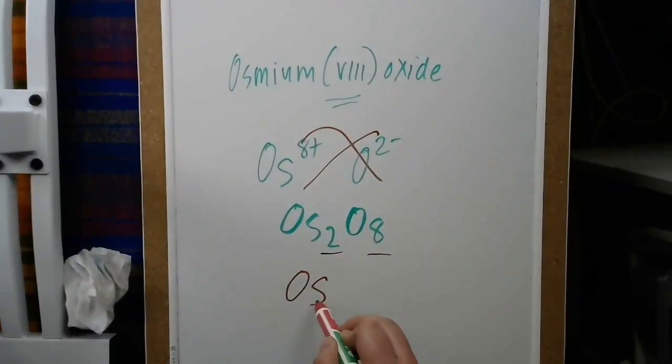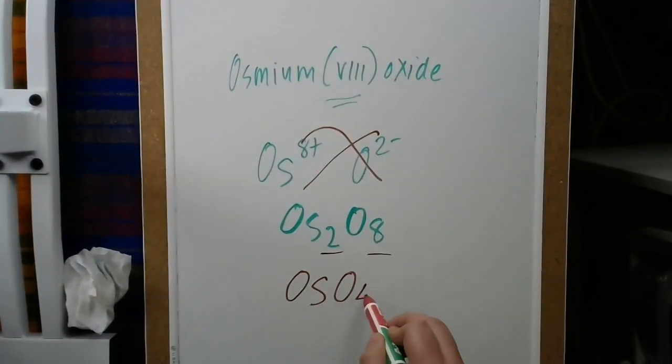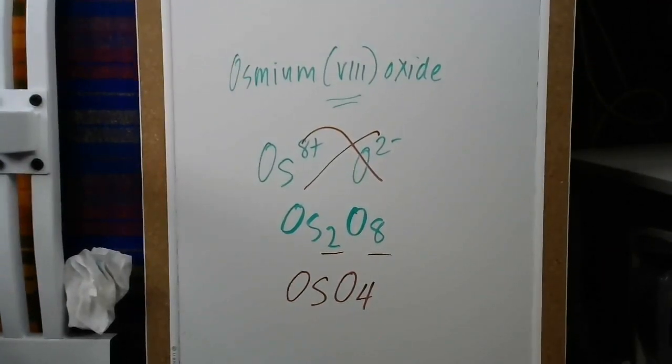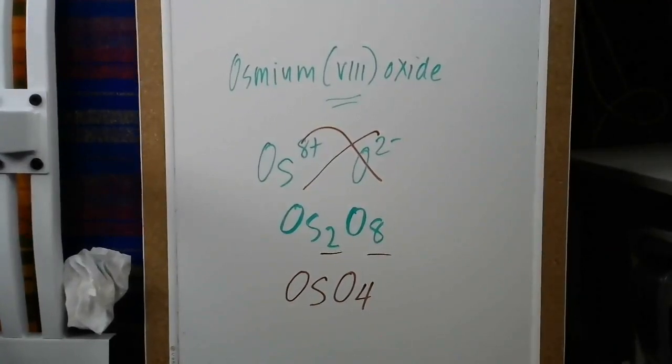And when I do that, I get OsO4. All right. Let us move on. I'll let you guys do that. All right, I will balance, well, I already balanced. You guys should be able to balance these.